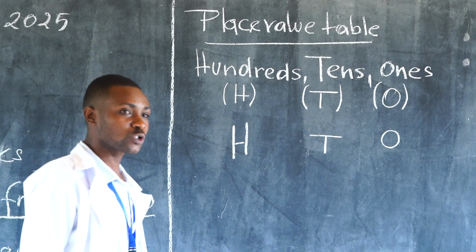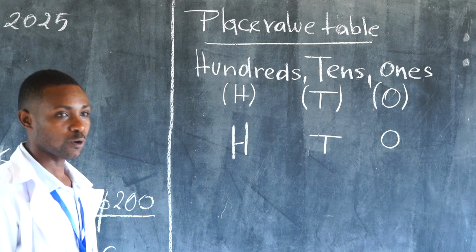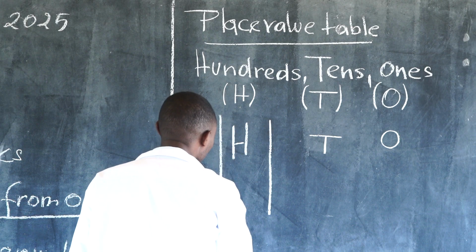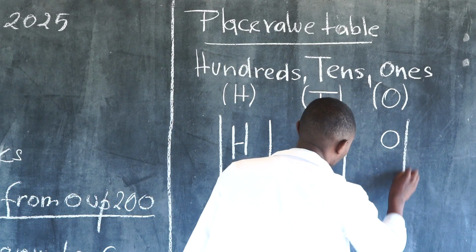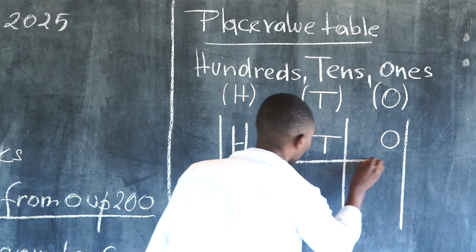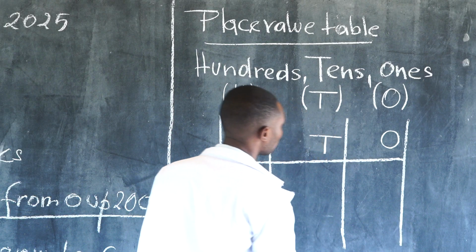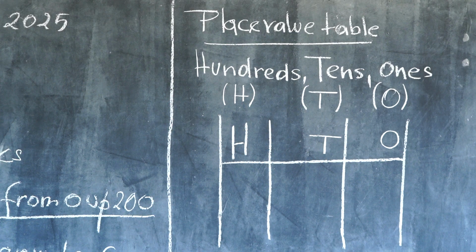Okay. Now we are about to do our table of place value. We do it like this. Now we are going to see how to complete our table.